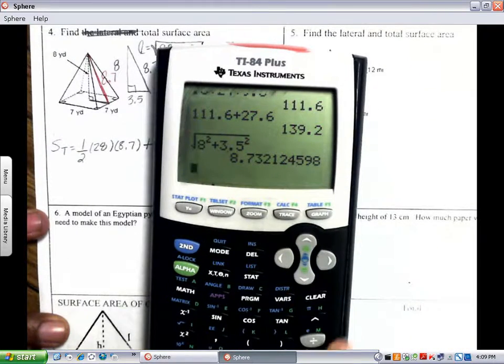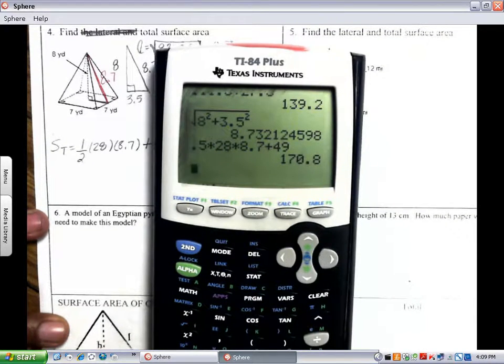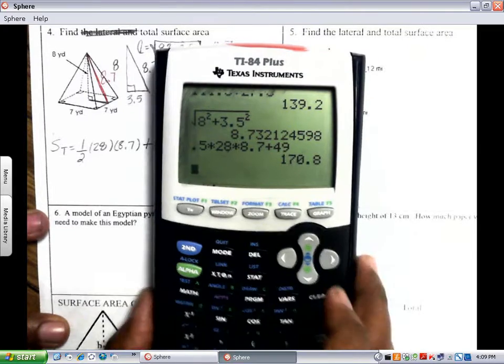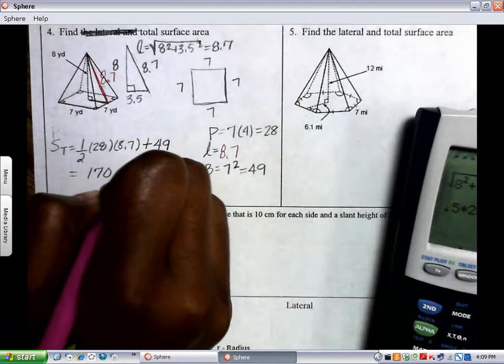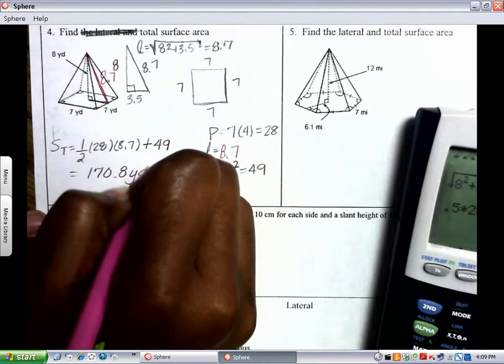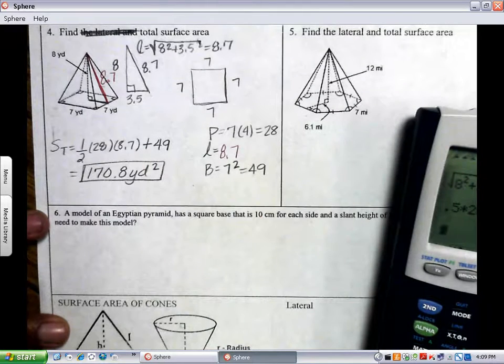And I want to show you, instead of using 1/2, you can use 0.5. It's the same thing. Times 28 times 8.7 plus 49. Alright, and we'll get 170.8. And the units are square yards. So that's our total. Okay?